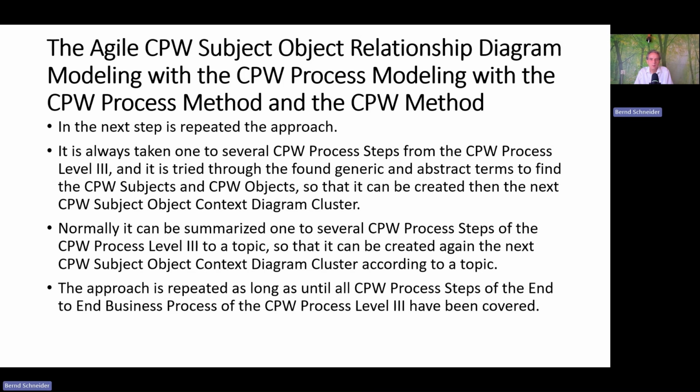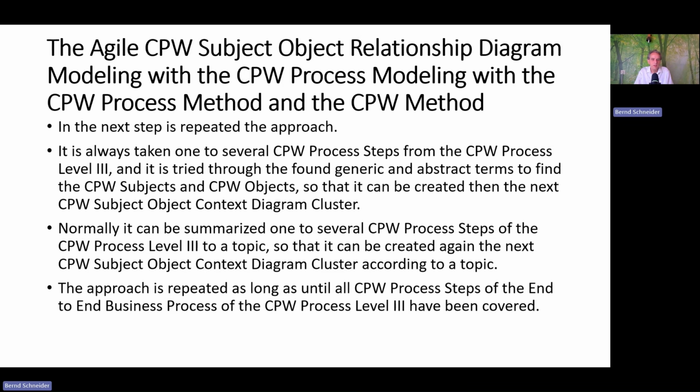It always takes one to several CPW process steps from the CPW process level 3, and through the found generic and abstract terms, you try to find the CPW subjects and CPW objects, so that the next CPW subject object context diagram cluster can then be created. Normally, one to several CPW process steps of the CPW process level 3 can be summarized to a topic, so that the next CPW subject object context diagram cluster can again be created according to a topic.